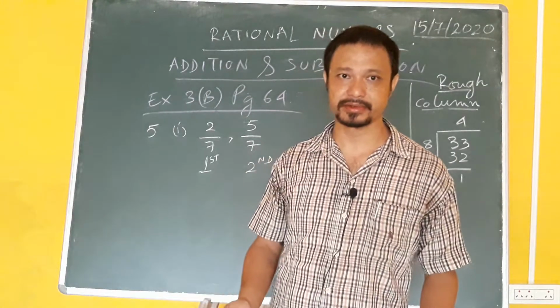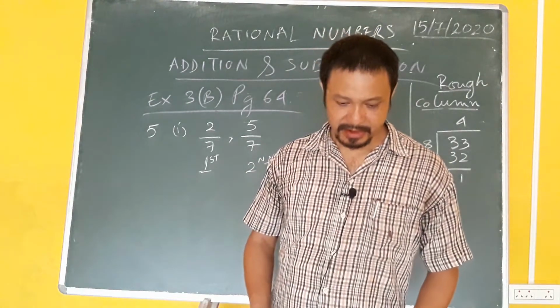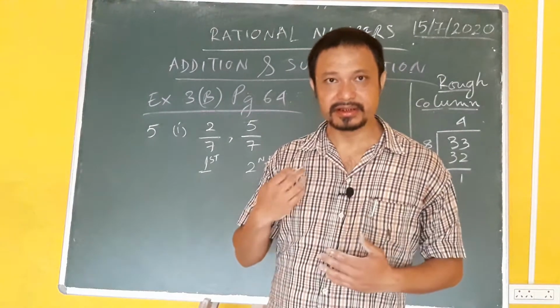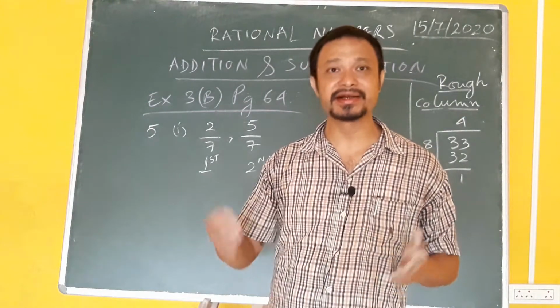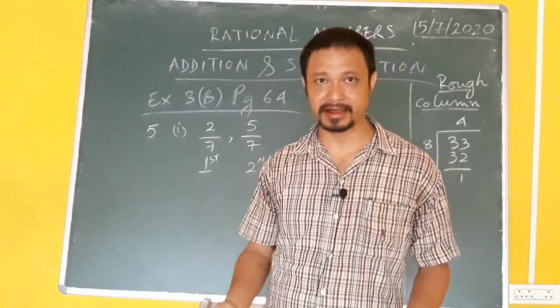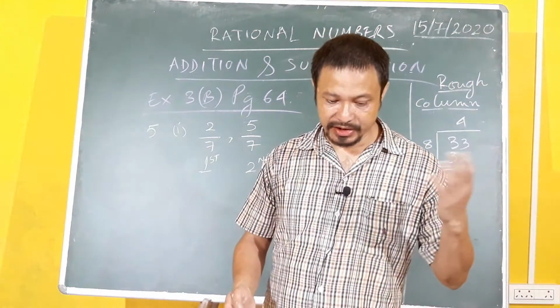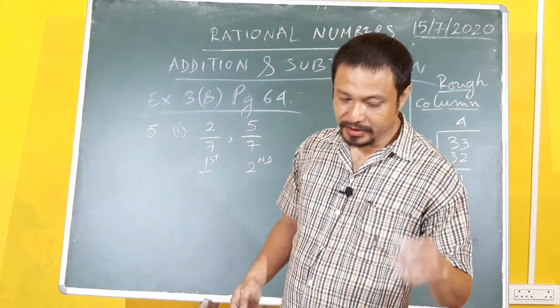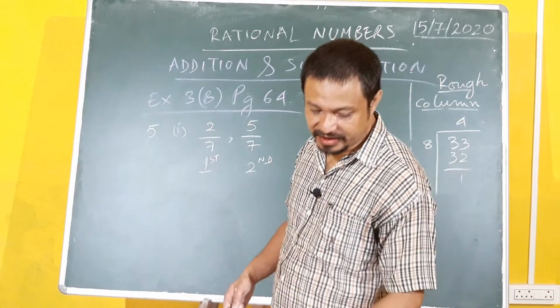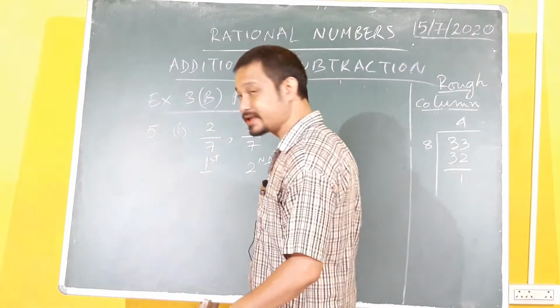It happens, human brain. But if you just go through it slowly, read it properly, not panic, you can see that it says subtract the first rational number from the second.